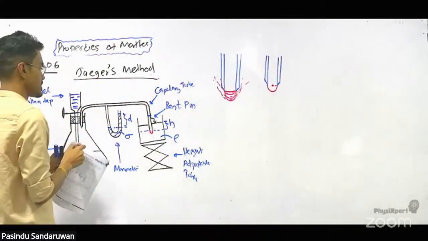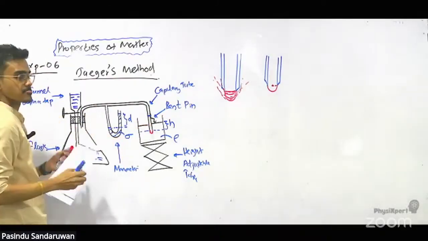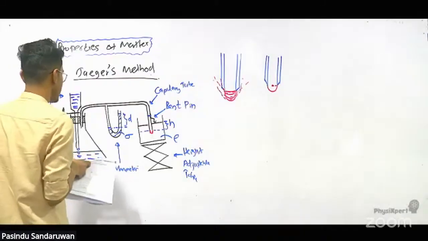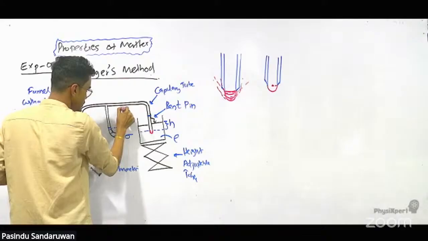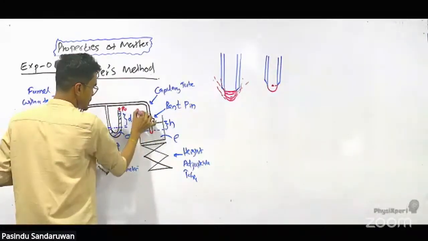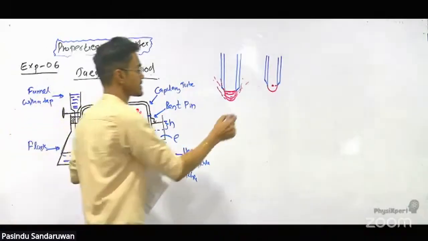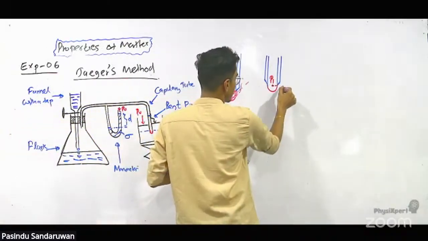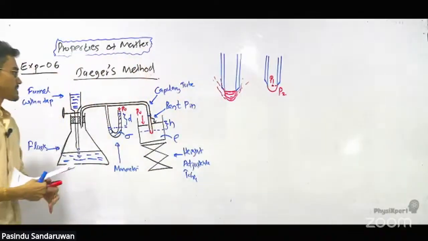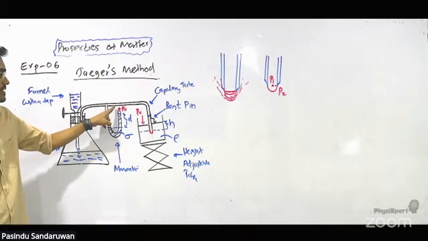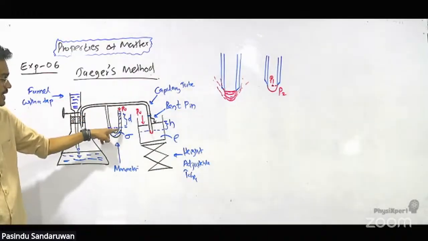Let's assume pressure inside the meniscus as P1 and atmospheric pressure as P0. This is open to atmosphere, P0. This is also open to atmosphere, P0. If pressure inside the meniscus is P1 and if pressure outside the meniscus is P2, to write pressure inside meniscus, you can get into the system through the manometer: P naught plus d sigma g.